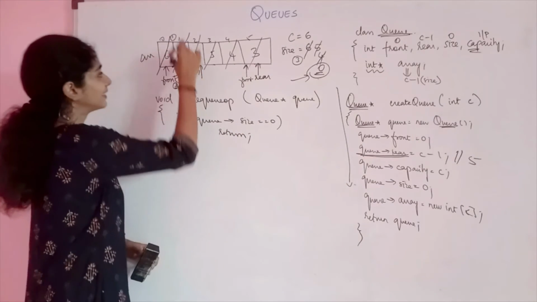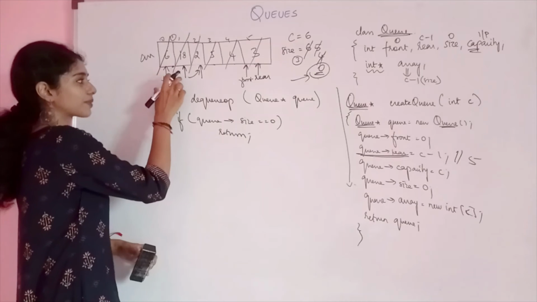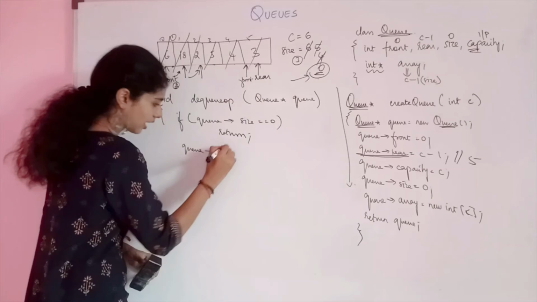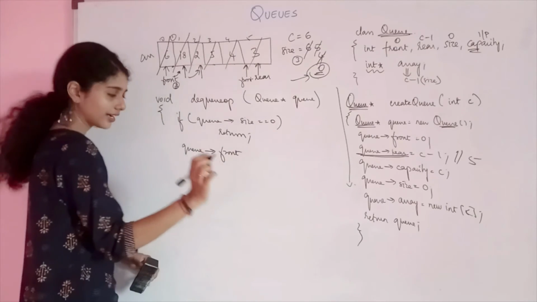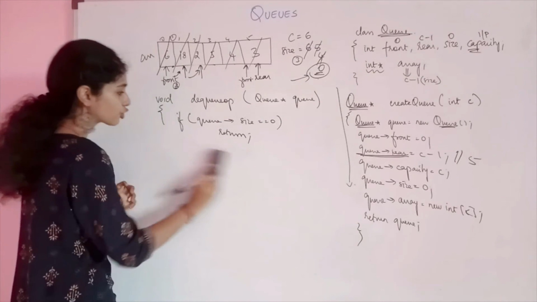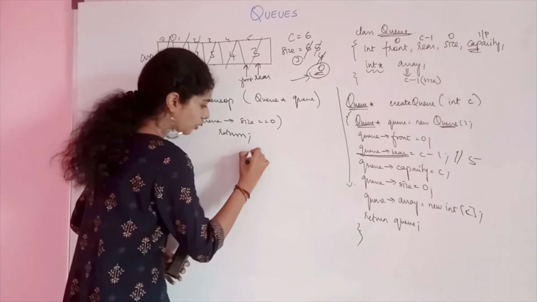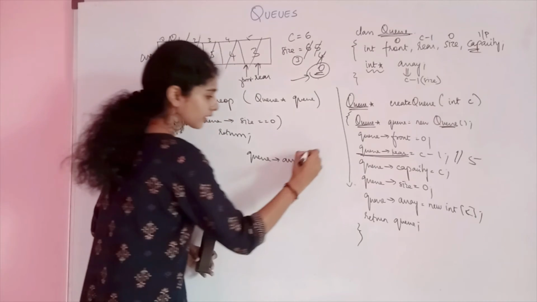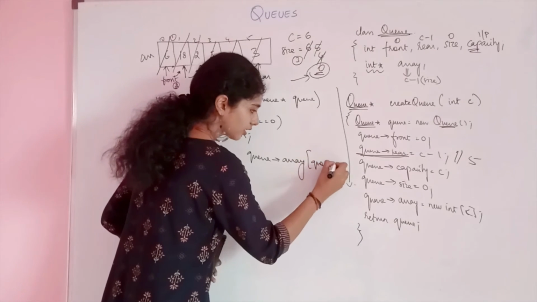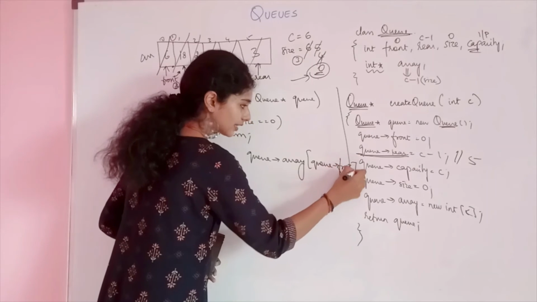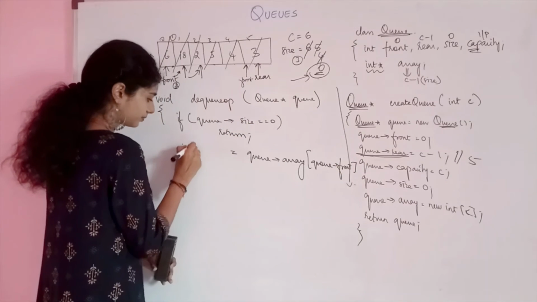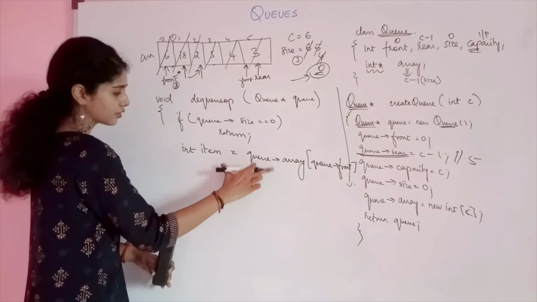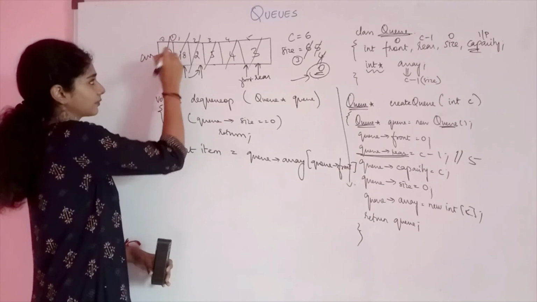Else, I'll have to delete the element that's present at the front. So queue of front, I'll have to delete that element. Before deleting it, let me store the element that's present here. How will I store it? Queue of array of queue of front is going to give me the element present at the front. This statement gives me the element that is present here.